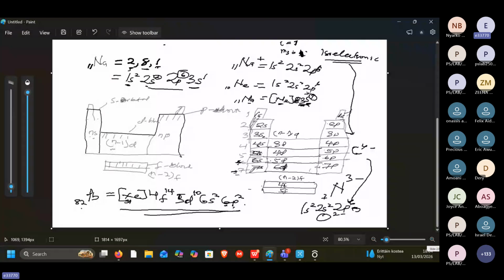And again, when we use a noble element to write the electronic configuration, it is not the correct electronic configuration, but we call it the pseudo noble gas configuration. That's just the name for it.